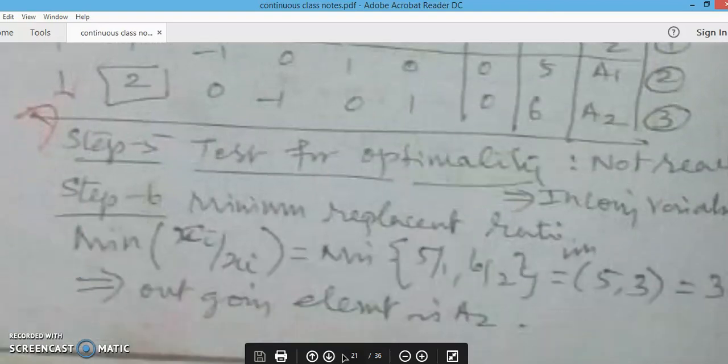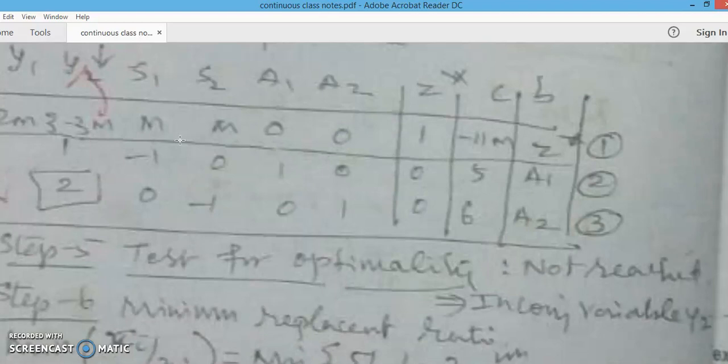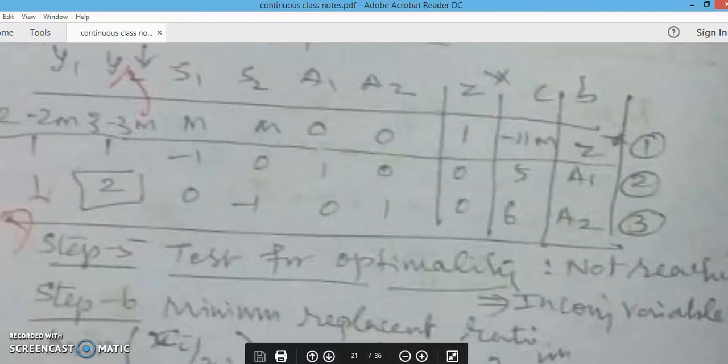Now test for optimality. I told you that this is a maximization problem, but a negative number is coming here. So that shows that optimum is not reached. Optimum is not reached because of the negative number.